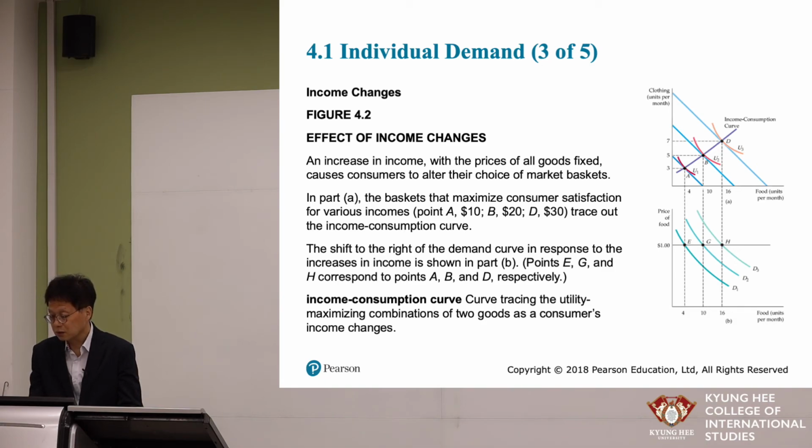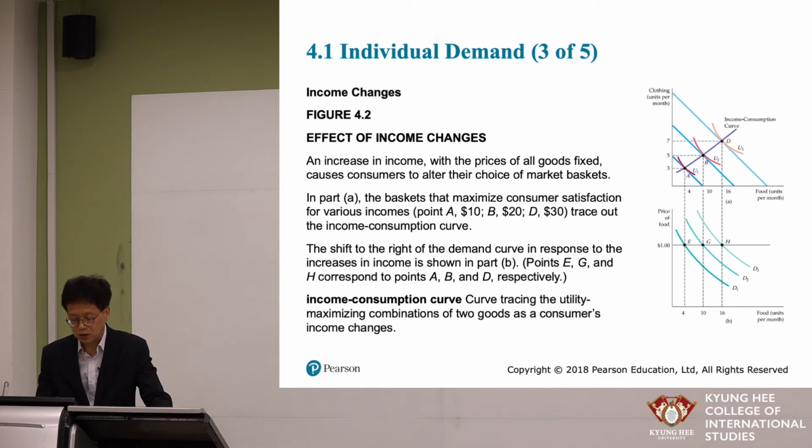That is point D. So as income increases in this graph, consumption of food increases from 4 to 10, 10 to 16. At the same time, consumption of clothing increases from 3 to 5, 5 to 7. Okay? That is the impact of income changes.